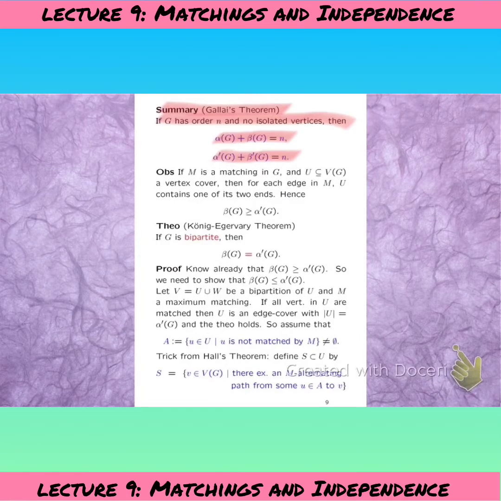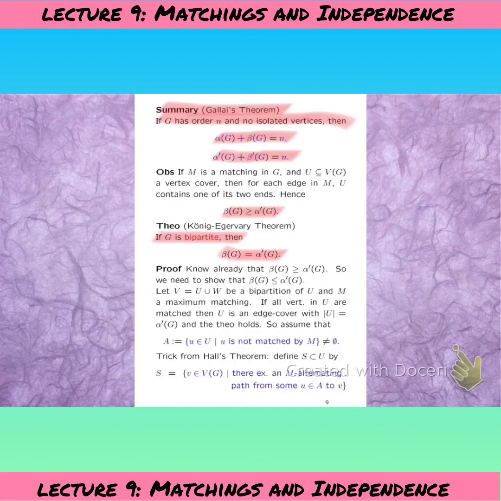Okay, so we showed that the vertex covering number for any graph is at least the matching number of a graph G. Right, so it turns out that we can prove equality for bipartite graphs. So let's assume that G is a bipartite graph, and we're going to prove that these two quantities are exactly the same.